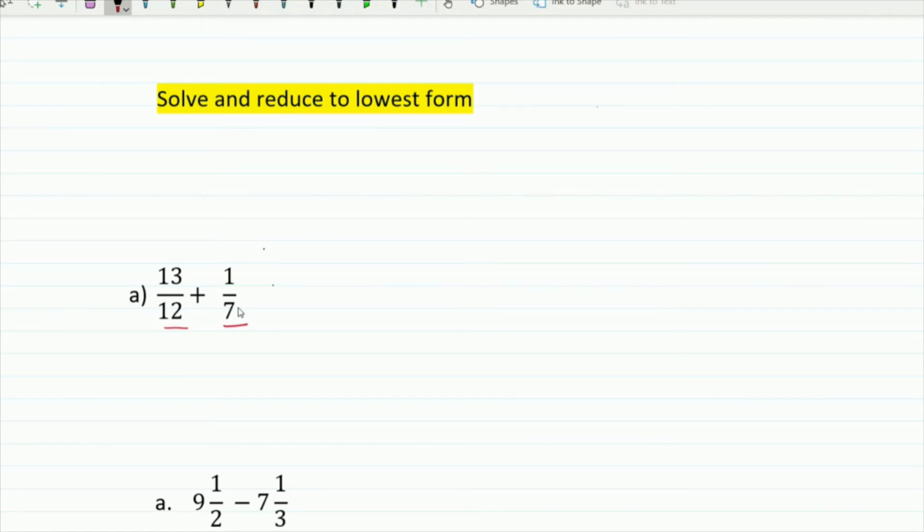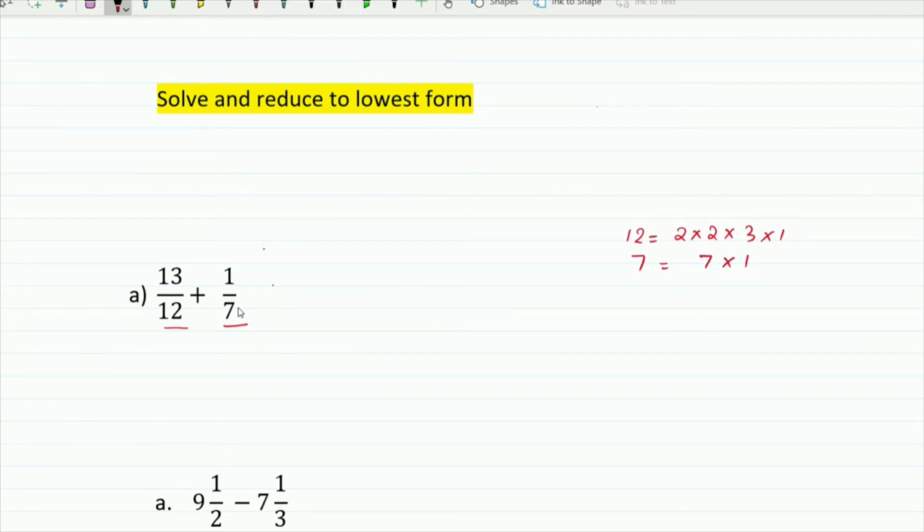When you are solving, take the denominators 12 and 7 and check whether they have any common factors. 12 is 2 into 2 into 3, 7 is 7 into 1.